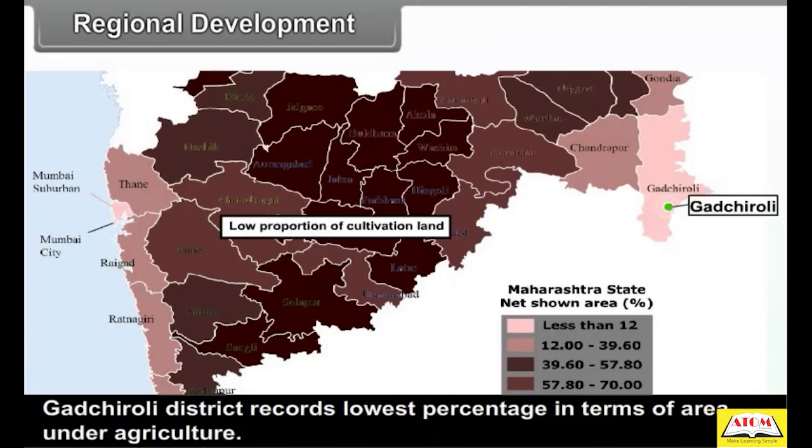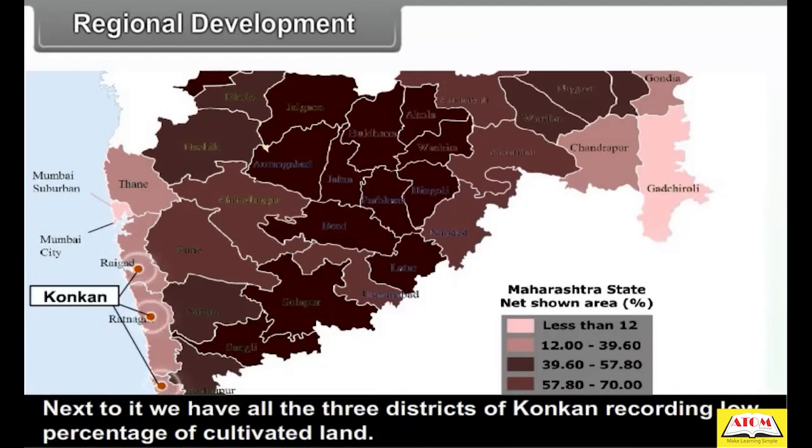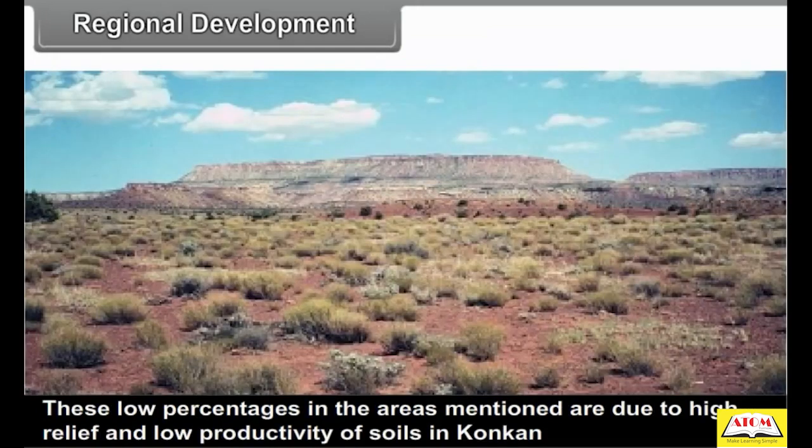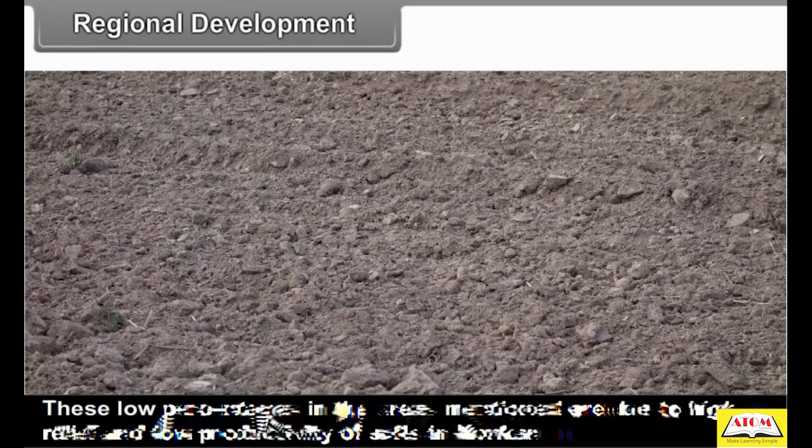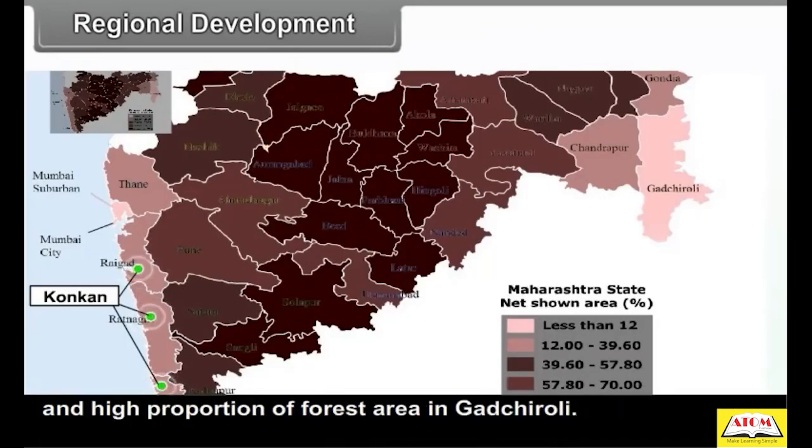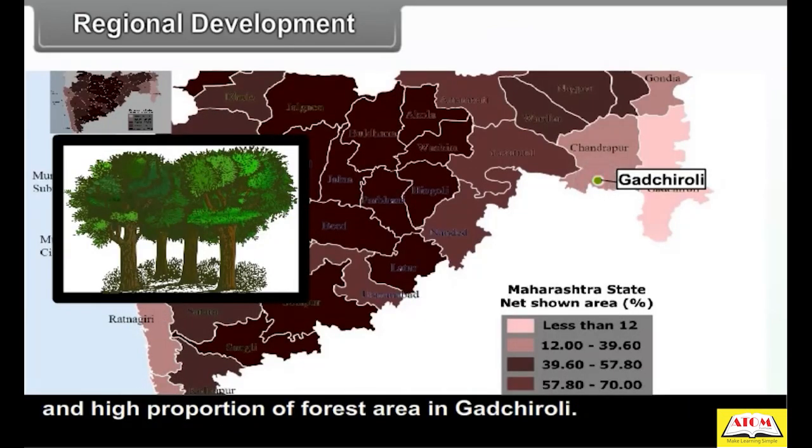Gadchiroli district records lowest percentage in terms of area under agriculture. Next to it, we have all the three districts of Konkan recording low percentage of cultivated land. These low percentages in the areas mentioned are due to high relief and low productivity of soils in Konkan and high proportion of forest area in Gadchiroli.